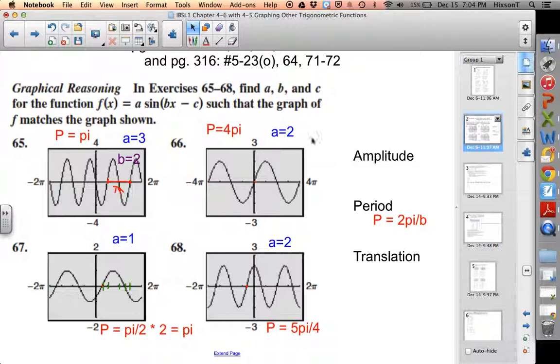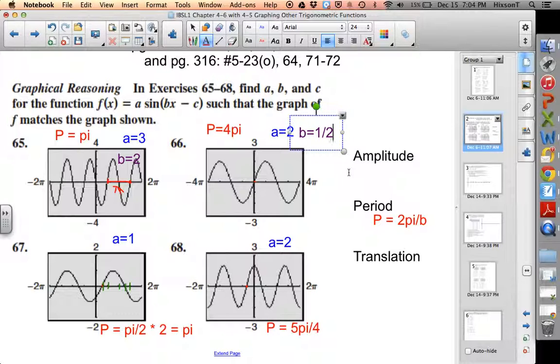For this one, if 4 pi equals 2 pi divided by B, we must have divided by 1/2. Then you flip and multiply to get 4 pi. Okay, here pi equals 2 pi over B, just like in 65. So once again, our B equals 2.